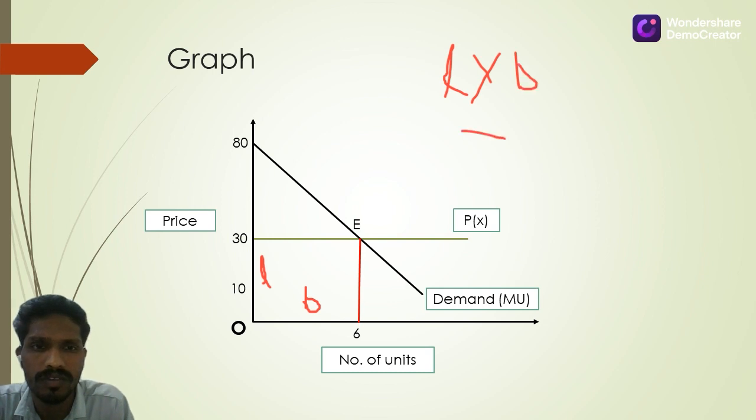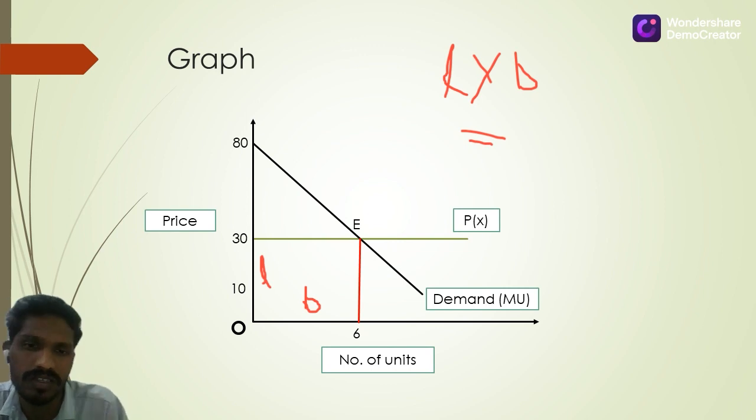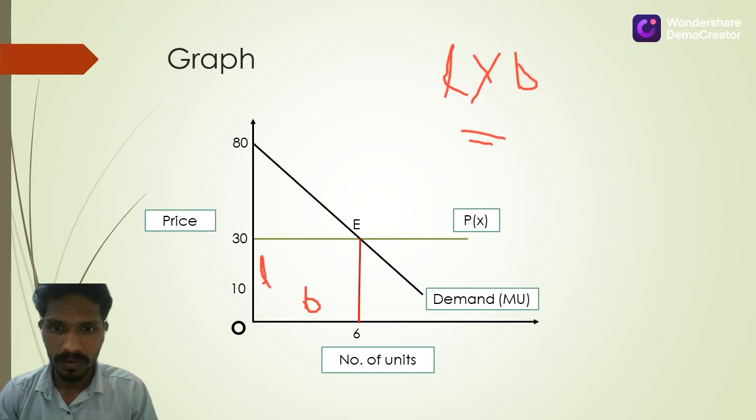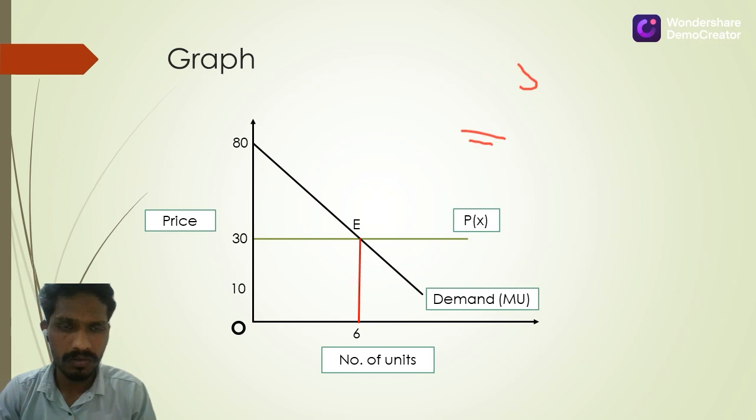That means 30 into 6, which is equal to 180. So 180 is our total expenditure. This is how we calculate the actual expenditure which we spend on our product.